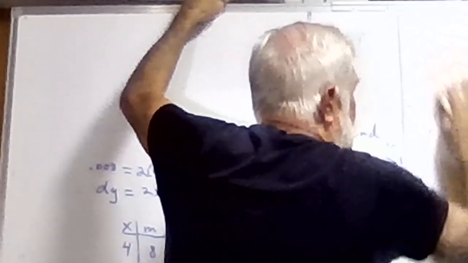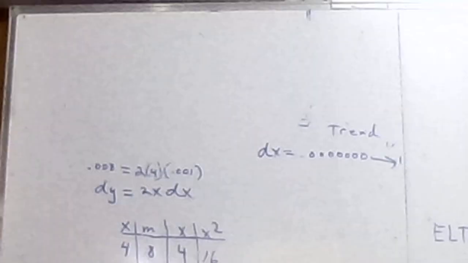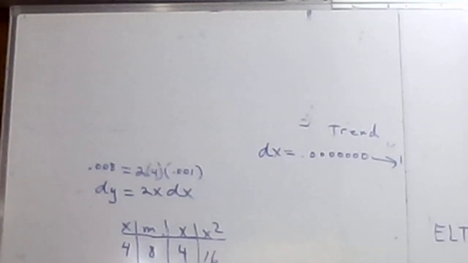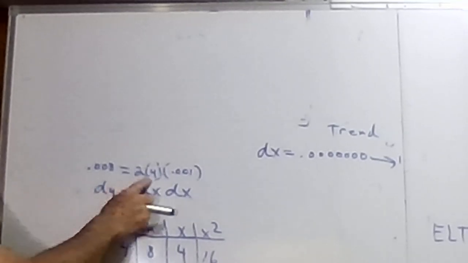And let's look at some of the statements that we have been introduced to, and let's see if we can make some sense out of them. So let's just pick a random value for x. I picked 4. Then 2 times 4 is 8.